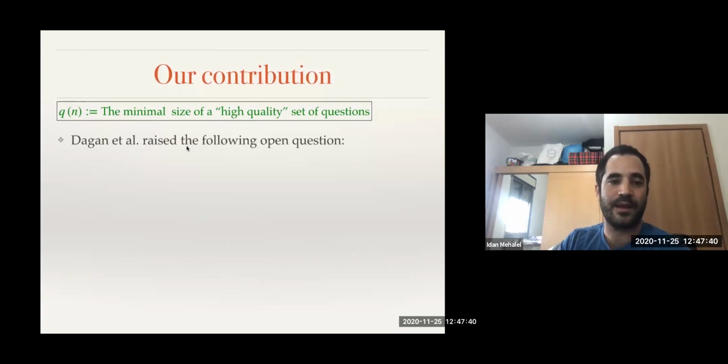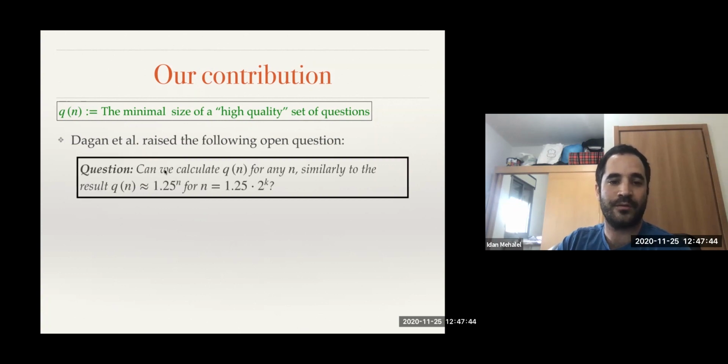And they raised the following open question. They calculate Q of n for n of the form 1.25 times some power of 2, and for this form of n, they show that Q of n is exactly 1.25 to the n. But generally for any n, they give an upper bound of 1.25 to the n.